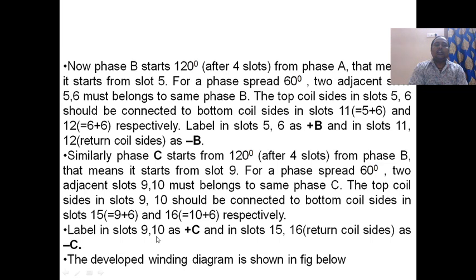Label slots 9, 10 as plus C. Definitely 15 and 16 are the return coil sides, which belong to minus C. The developed winding diagram is shown in the figure below.